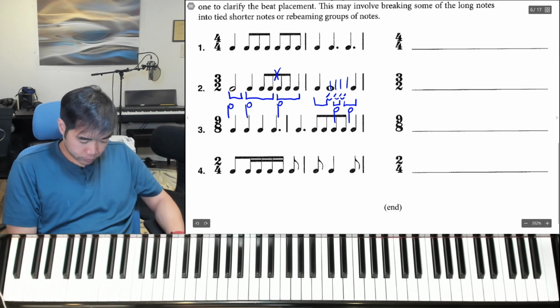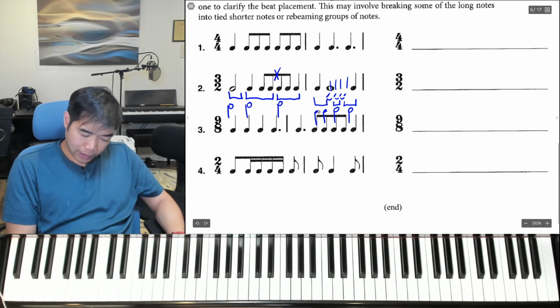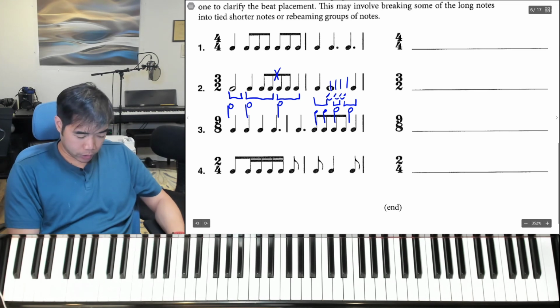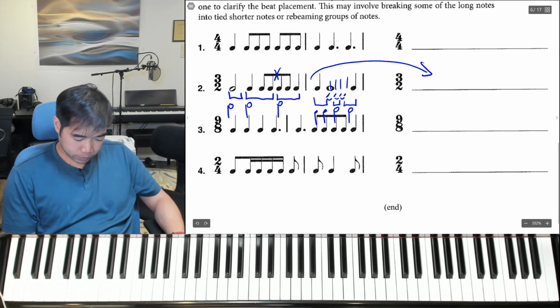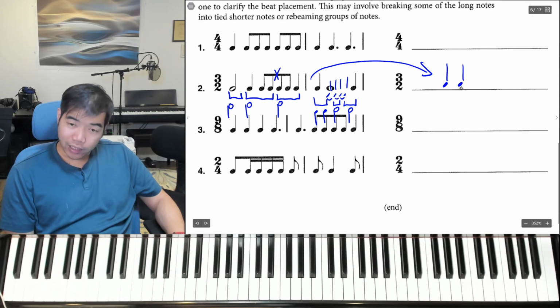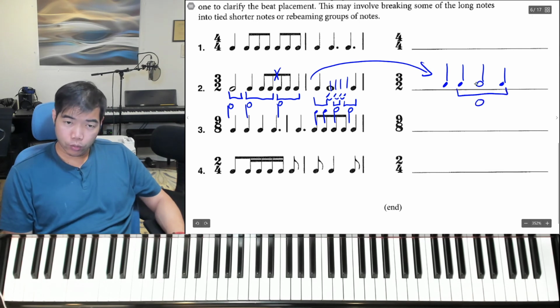So to do this one in particular, because it plays on beat 2 here, or the and of beat 1, since we're in 3/2 time, I need to write out this as a quarter. So in this one, I'm just going to do the second measure here. We have our first initial quarter, and the whole note needs to be represented by at least a quarter here. Whole note is 4 quarters worth. So this portion is my whole note, because 2 quarters plus a half is 4 quarters, or a whole note.